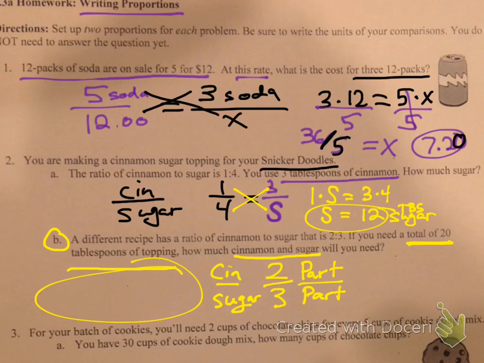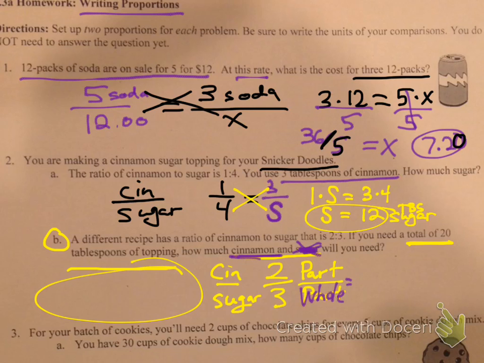So why don't we just make this simple and just do cinnamon. Cross off the sugar. How much cinnamon will you need? We don't want a part to part, we want a part to whole here.